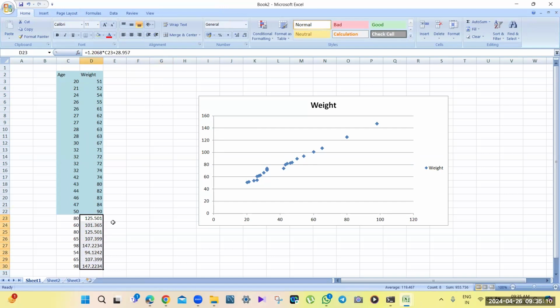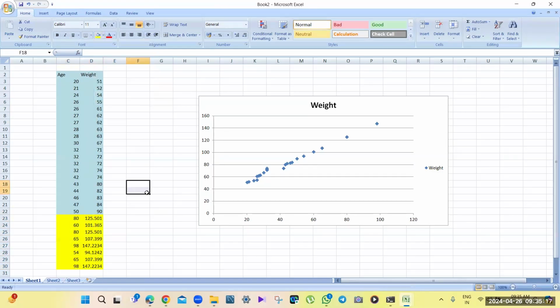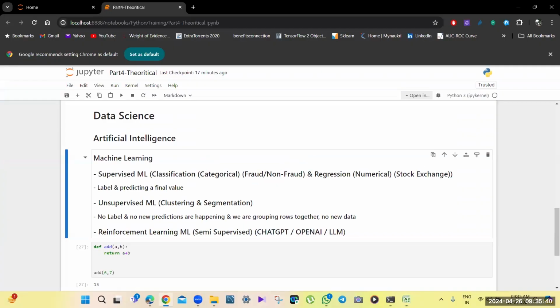So these will be new data, this yellow one, but the other, the light brown one, these are your existing data that will be given to you. So you are predicting something new based on the old one. That is the clear difference between supervised and unsupervised. So are we clear on that, right? That is the basic difference between supervised and unsupervised.